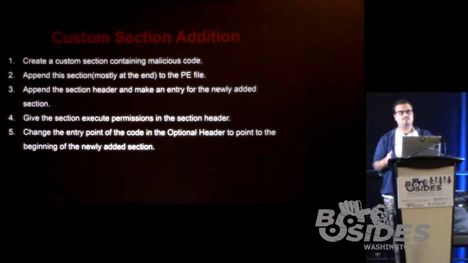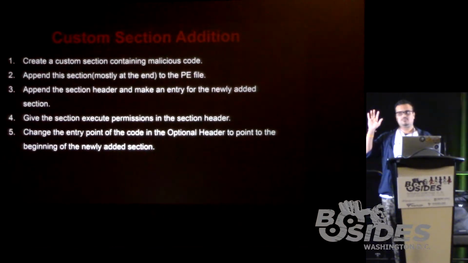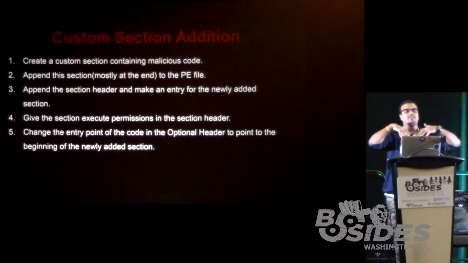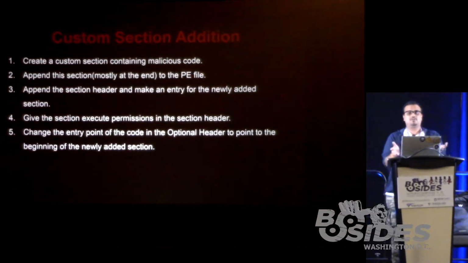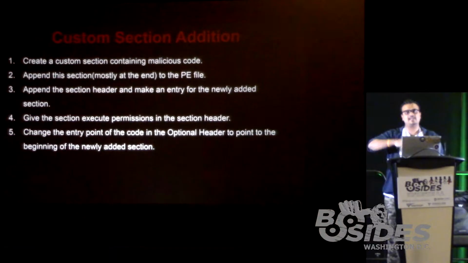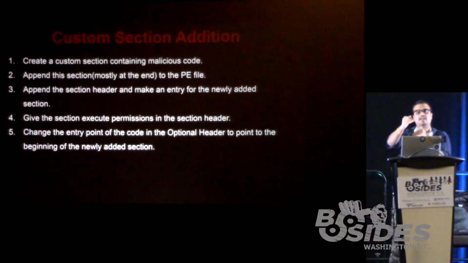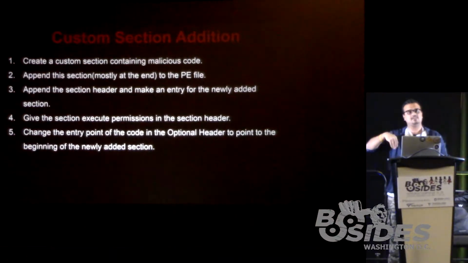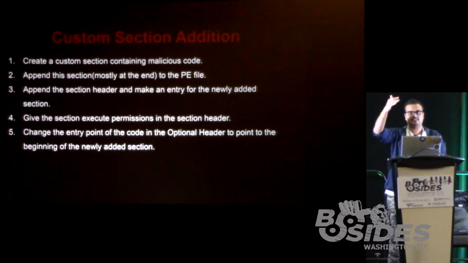Now how many of you all have done OSCE before? Okay, so one of the techniques that is taught in that particular certification is how you can add a custom section at the end of the PE file and basically change the entry address of that PE file to point to that section, so that that section is executed instead of the original text section, right?